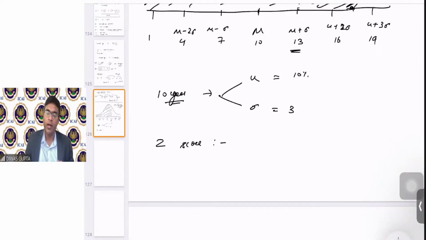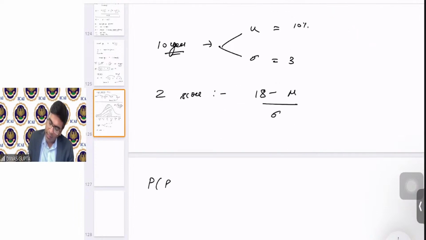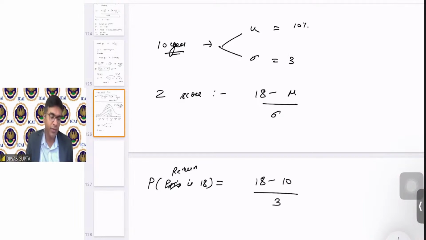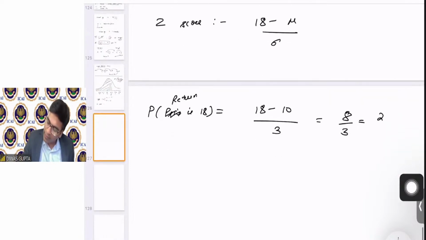For that, we have to calculate a Z score. The Z score is given by 18 minus mean divided by standard deviation. Here we are talking about returns, right? So the probability that return is 18 will be given by 18 minus 10, which is the mean, divided by the standard deviation of 3, which is 8 divided by 3, which is 2.66.